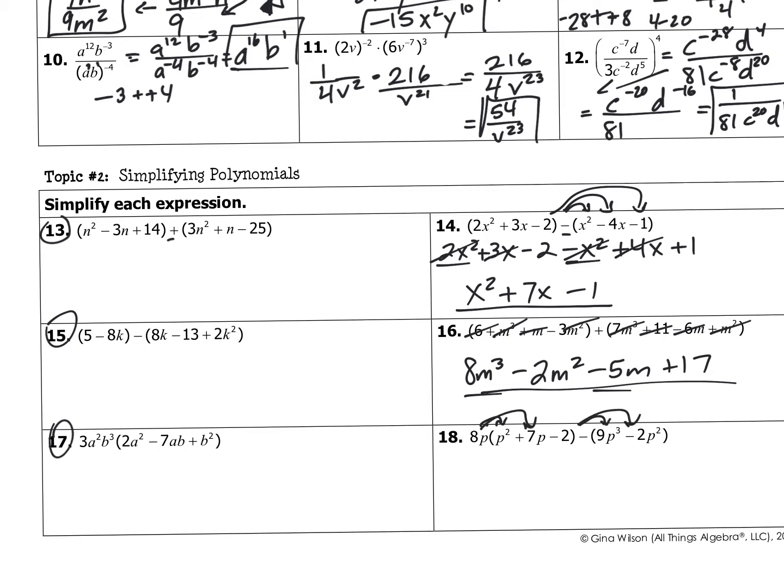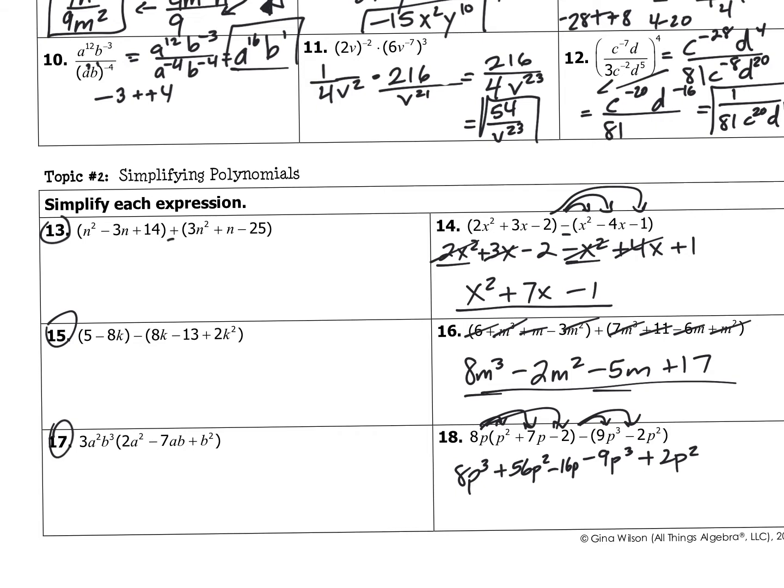Okay. All right, number 18, we need to distribute negative 1 once, because there's something in front of the first parentheses, and don't forget, anytime there's a negative sign in front of parentheses, it's like negative 1, and you have to distribute it because it's going to change the signs of everything in that parentheses. So this is negative 9p cubed plus 2p squared. And then in the first parentheses, I have 8p cubed plus 56p squared minus 16p.